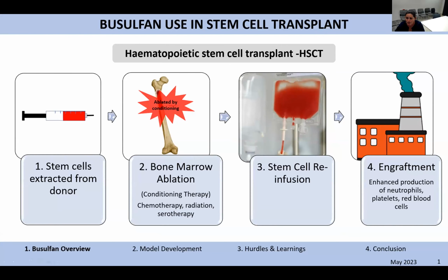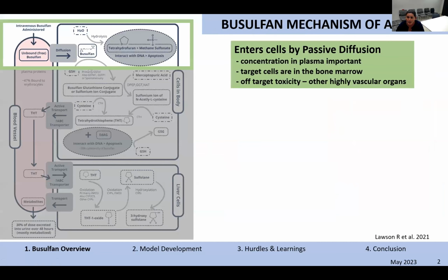Then we get those stem cells from step one and infuse them into the recipient. This is as simple as hanging a bag of blood at the bedside, and we hope that these stem cells then find their home in the bone marrow, engraft, and produce new blood cells.